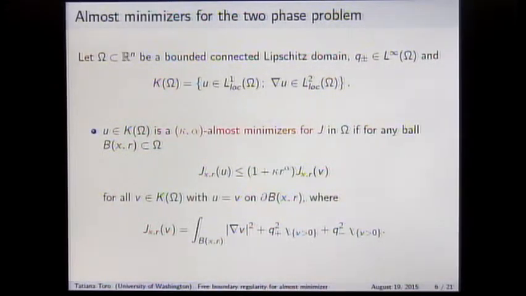What's the big difference between a minimizer and an almost minimizer? A minimizer satisfies an equation. An almost minimizer doesn't satisfy an equation. There's no equation behind these things, but there's a variational aspect to it, which means you can compare it with other things, and you have an inequality.